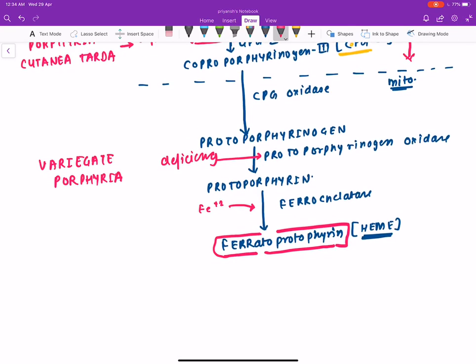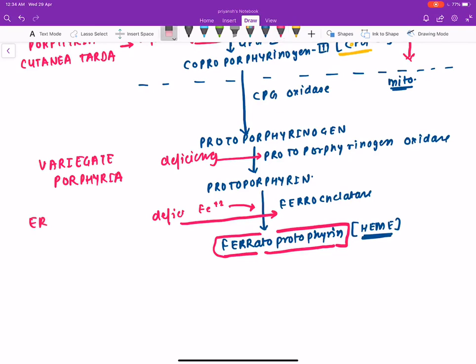This last enzyme, ferrochelatase, if there is deficiency of this enzyme, the condition is called erythropoietic protoporphyria.